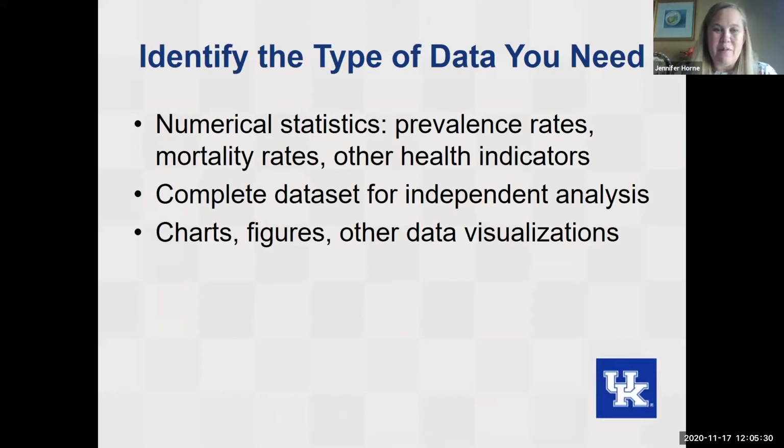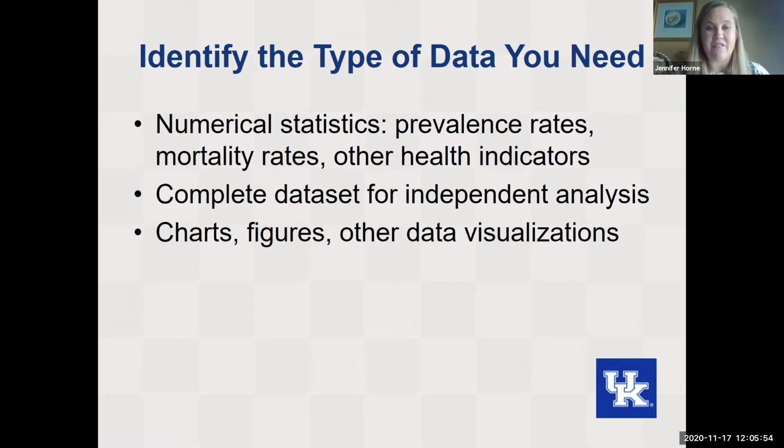I think one of the most important things you need to do when you're starting to figure out the type of data that is going to meet your research need is you first need to really identify what is your focus or your unit of analysis. Are you interested in looking at particular populations like mothers, children, the elderly, Native Americans?